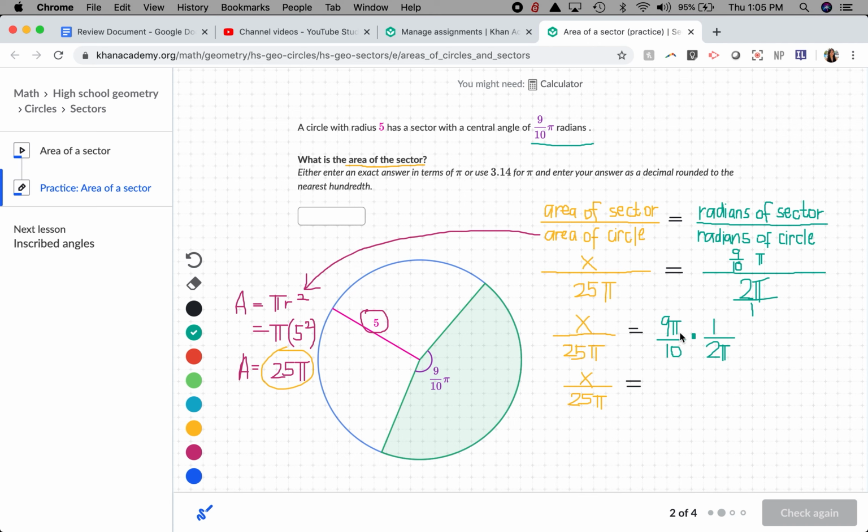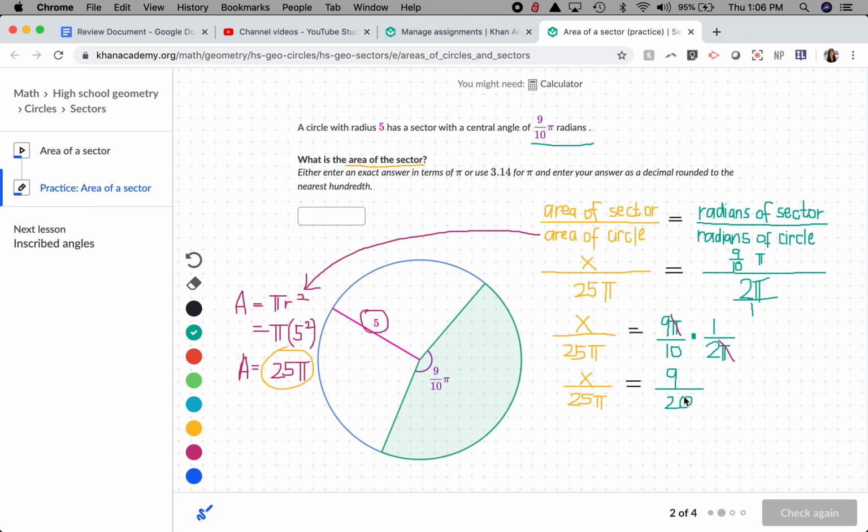Before I actually do that, I just noticed something. I'm noticing that pi exists both in the numerator and denominator. And I'm just going to cancel that out just to make it as simple as we possibly can. So now we only have 9 times 1, and then our numerator will have 9. And then our denominator is 10 times 2, which is 20.